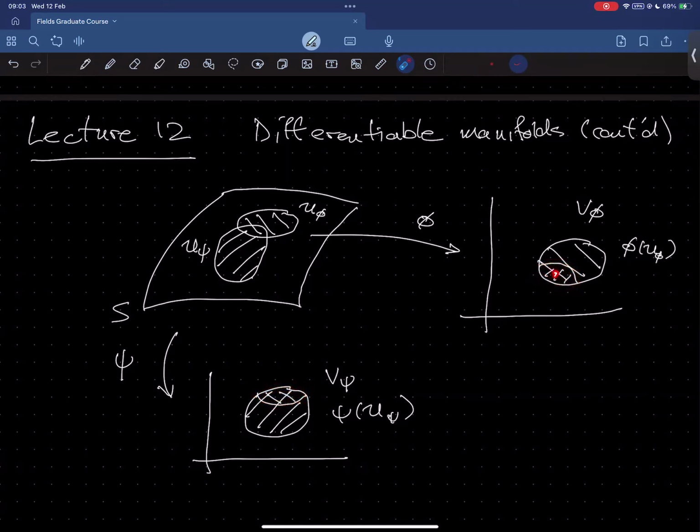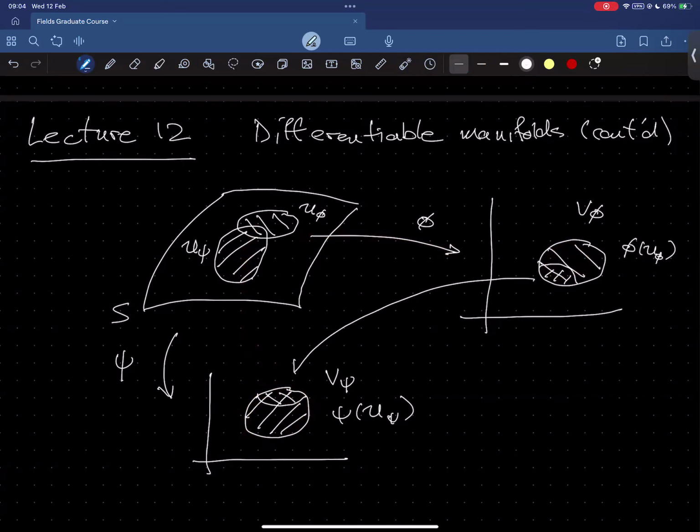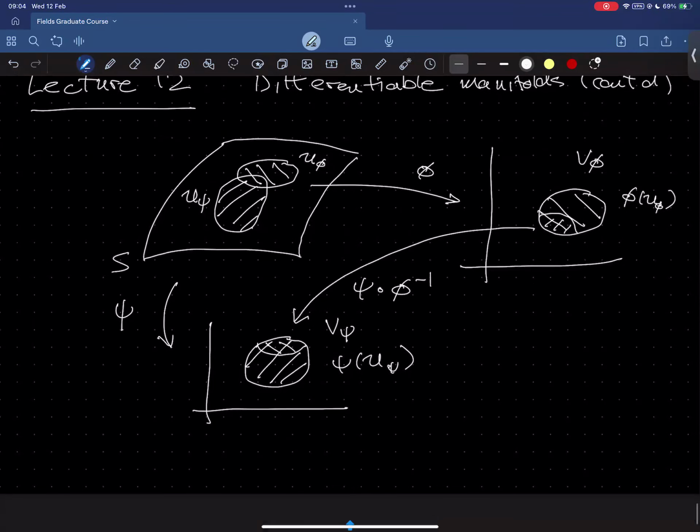Well, I took a point here and mapped it backwards by phi to a point in the intersection there, and then it gets mapped forward by psi into this overlapped region. Simply because phi and psi are bijections onto their images, the mapping I get, psi composed with phi inverse, is definitely a bijection.